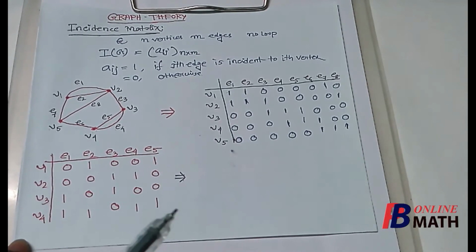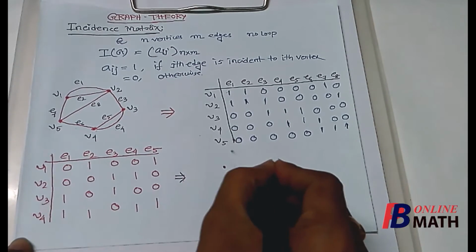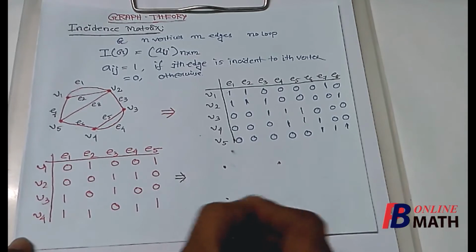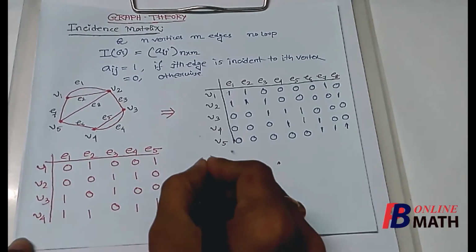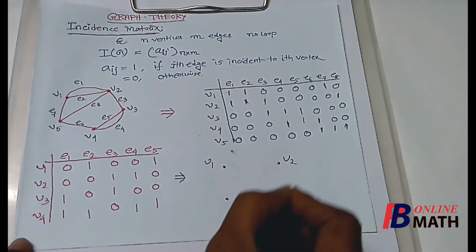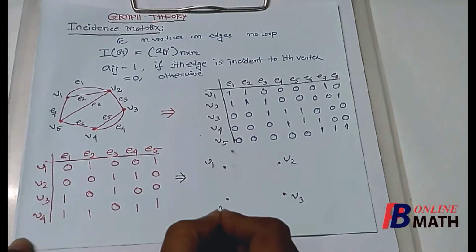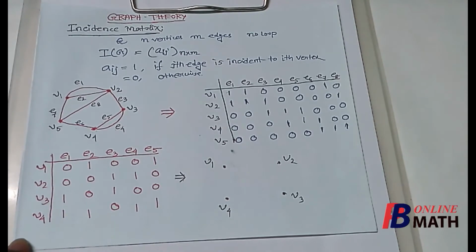Since we find that the graph has 4 vertices, we just consider these 4 vertices. Suppose this is V1, this is V2, this is V3, and this is V4. Now we connect the edges. The first edge is E1.